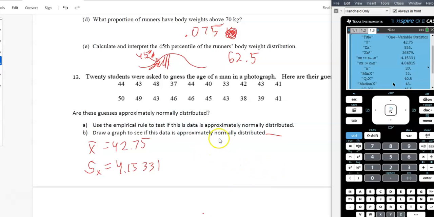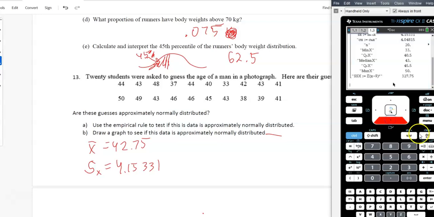Okay, so I want to go out one standard deviation each direction. To do that, I type in 42.75 plus one standard deviation, which would be 4.15331. And we also subtract that number. So I'm copying and pasting, mouse up, two clicks, press enter.